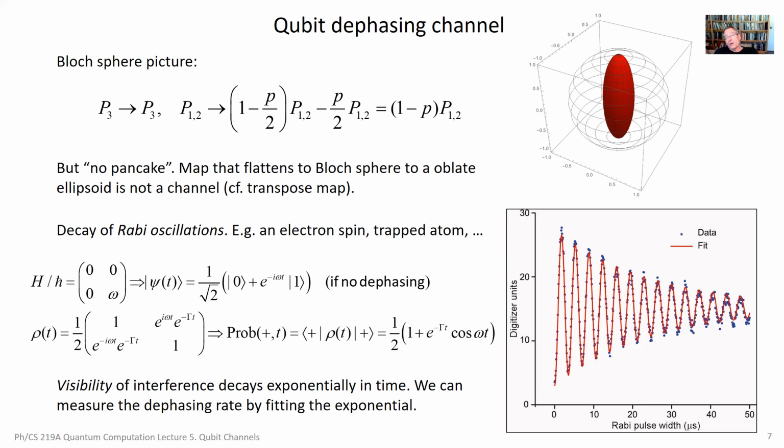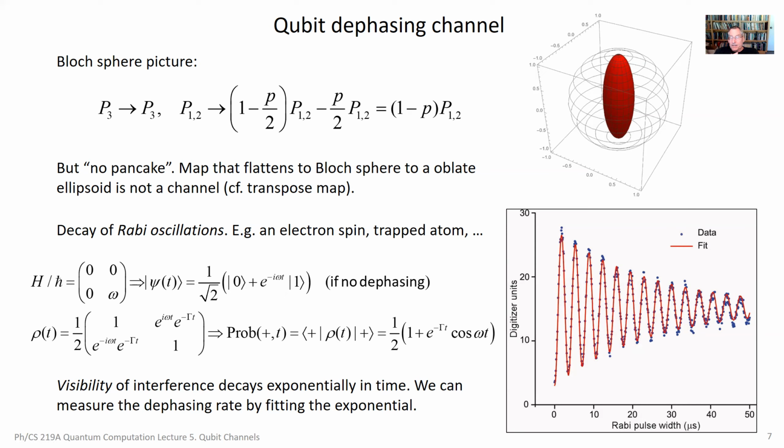So under the transpose, X and Z are unaffected, but Y goes to minus Y. So the map that gives rise to a pancake instead of a football is one in which a transposition occurs with some non-zero probability. And that's not completely positive. So that's the no pancake theorem. You don't see the Bloch sphere shrink to a pancake localized at the equator, although it can shrink to a football localized on an axis.